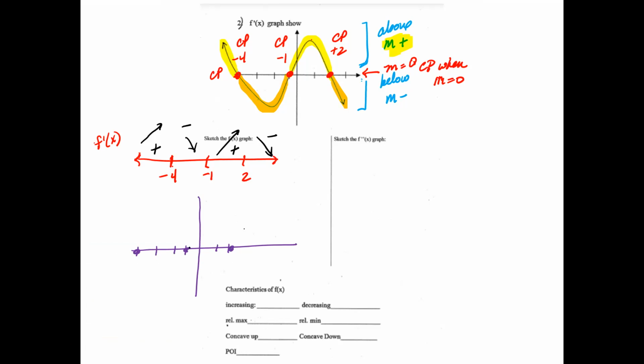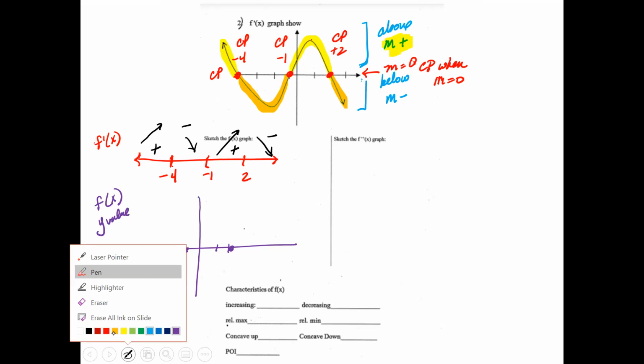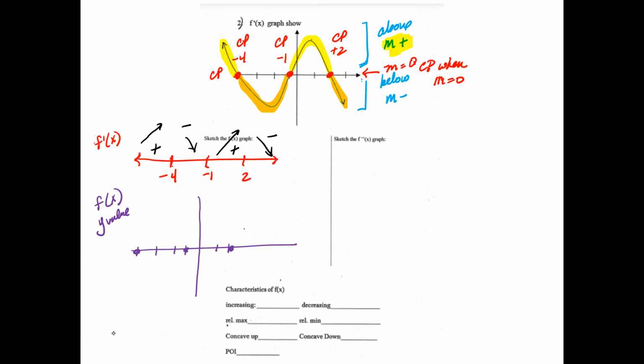Now, these points I'm putting right there don't have to be at that location, because remember, this is your f of x graph, so your y value could either be high or low. So it's not specifically at 0. That's different than f prime of x. Given that I don't know how high it is, I know it's not going to be right here at 0. So it's going to be up here or somewhere. So I always like to draw little lines because I know that value is going to be around there somewhere, along the line.